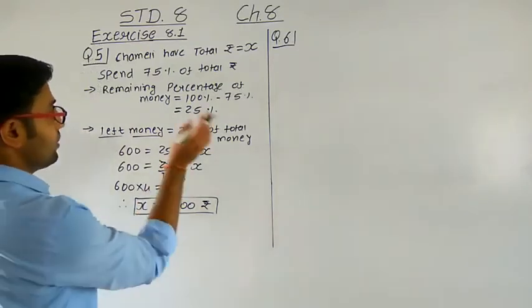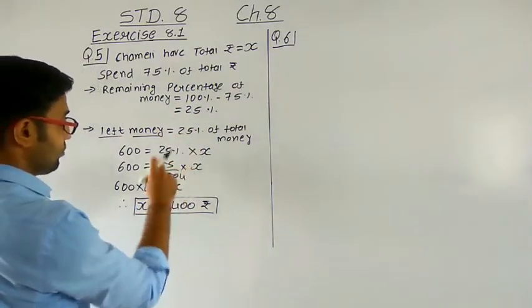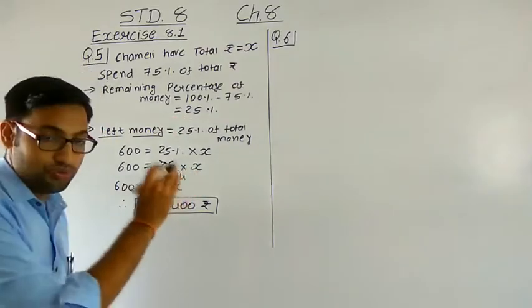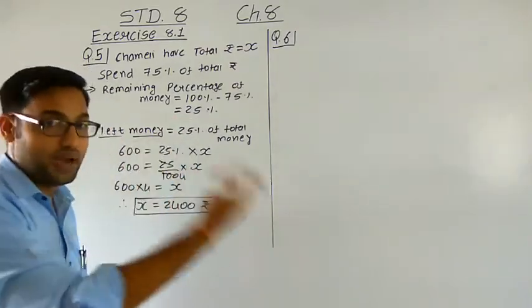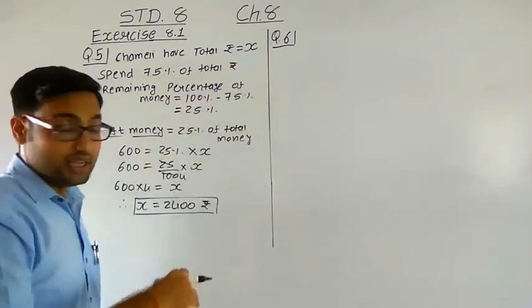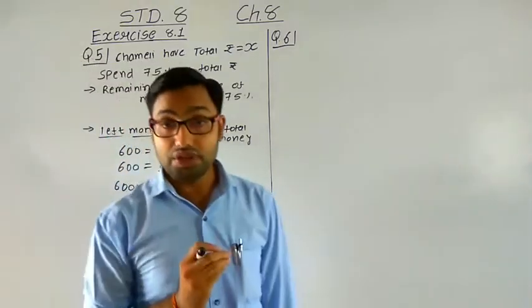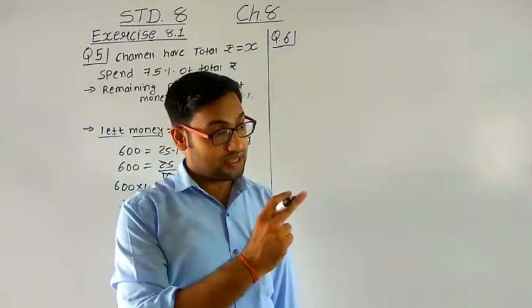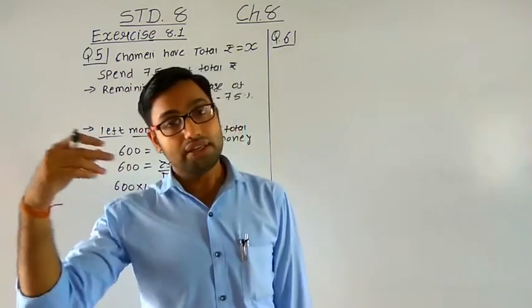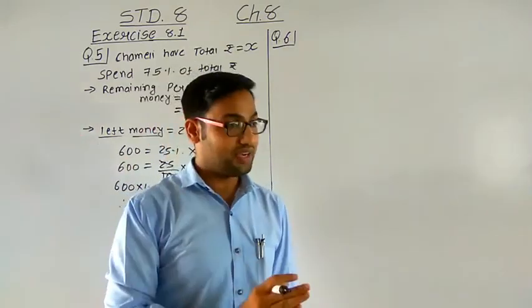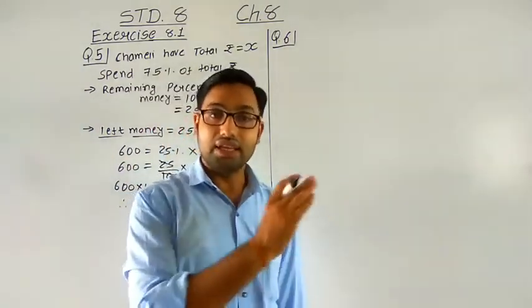Do not get confused, do not take 75% of the total money, because that much money she has already spent. So how much is remaining? We have to think about which percentage we have to take: the percentage which she has already spent, or the percentage of the money that she has left.